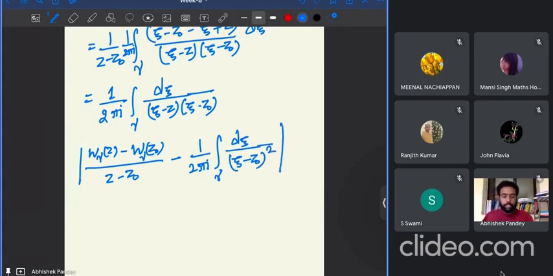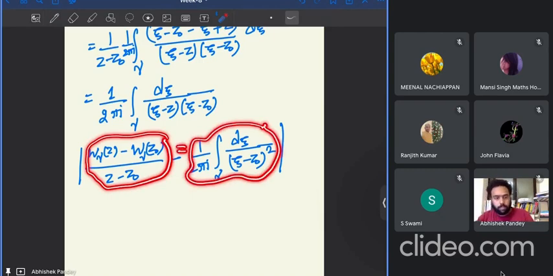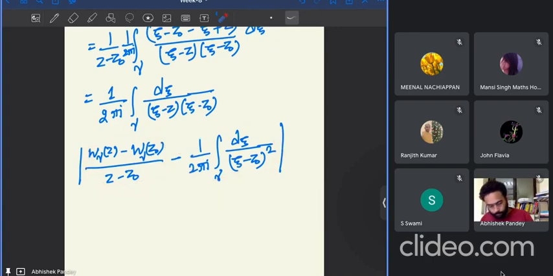And we will see that as z tends to z naught, this quantity should go to 0. Which means the limit as z tends to z naught of this quantity is basically equal to this quantity. So it means it is the derivative of this one. So let us do this.